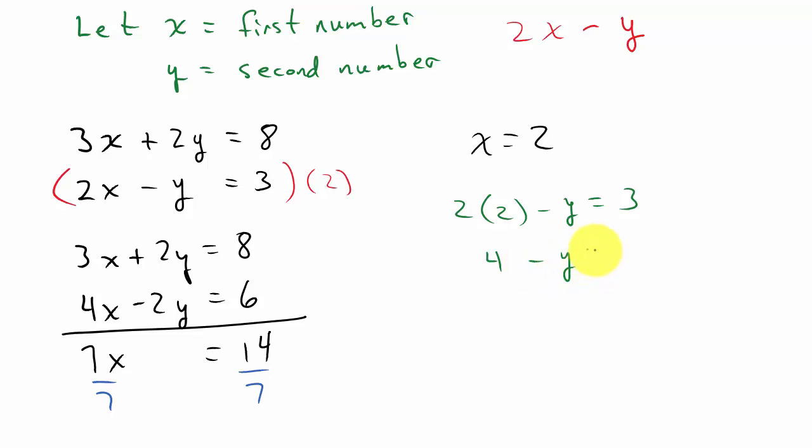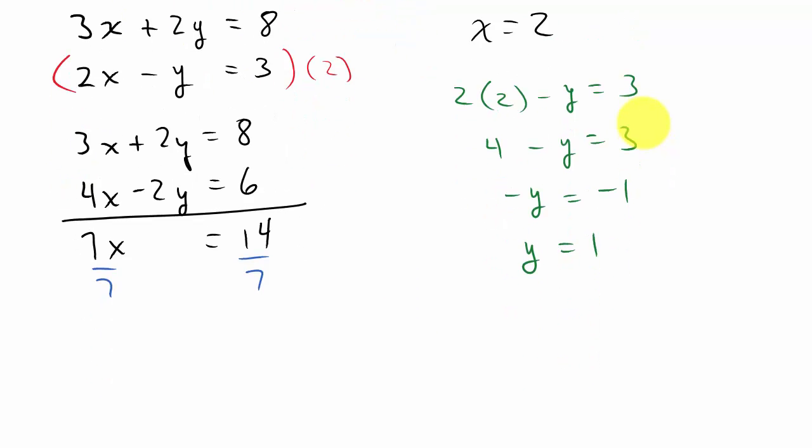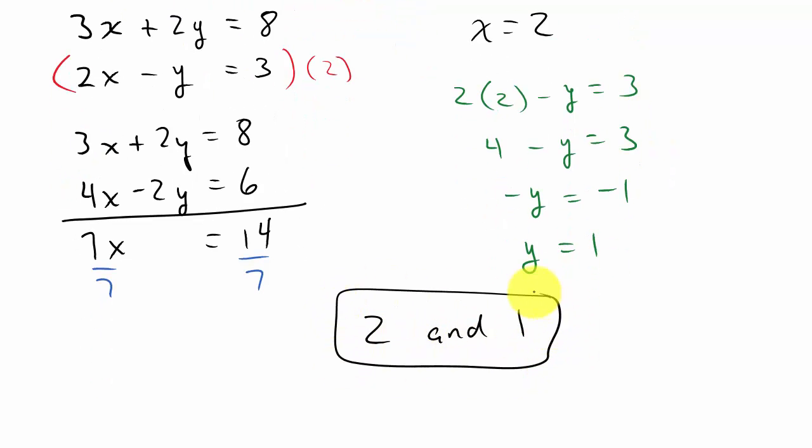So that's 4 minus y equals 3. Subtract 4 from both sides, negative y equals negative 1. Divide both sides by negative 1, and I get y is equal to 1. And so my two numbers are 2 and 1.